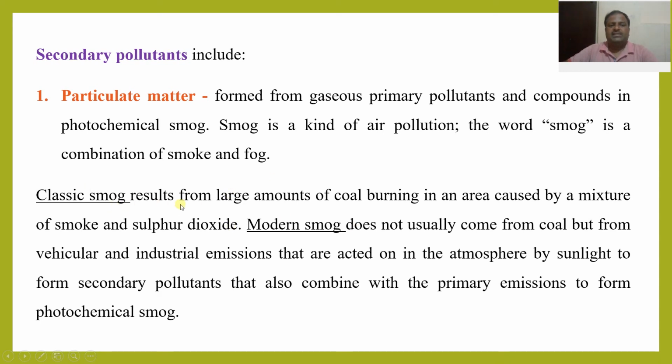Classic smog results from large amounts of coal burning in an area, caused by a mixture of smoke and sulfur dioxide. While modern smog does not usually come from coal but from vehicular and industrial emissions that are acted on in the atmosphere by sunlight to form secondary pollutants that also combine with the primary emissions to form photochemical smog.